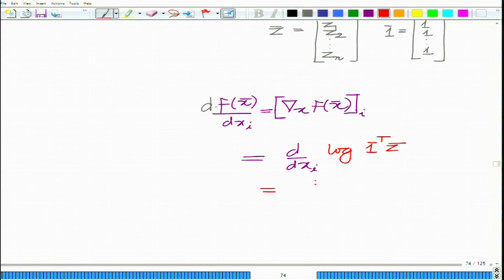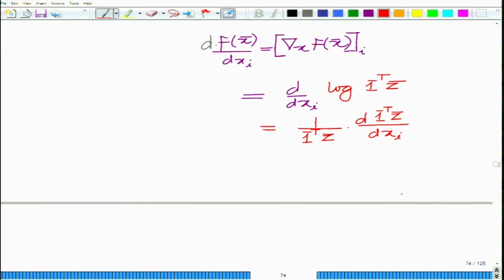The derivative of log x is 1 over x, so it is 1 over 1 bar transpose z bar times the derivative of 1 bar transpose z bar with respect to xi. In z bar only zi, which is e raised to xi, depends on xi.